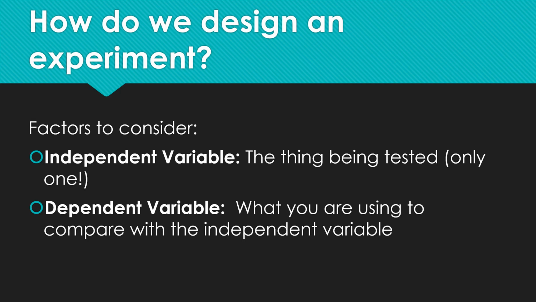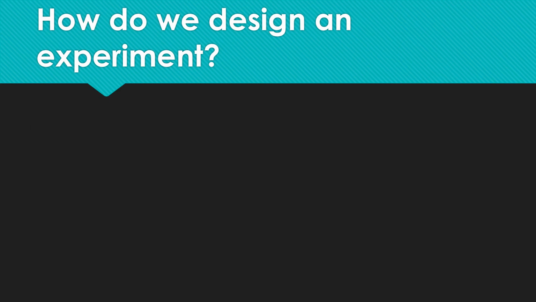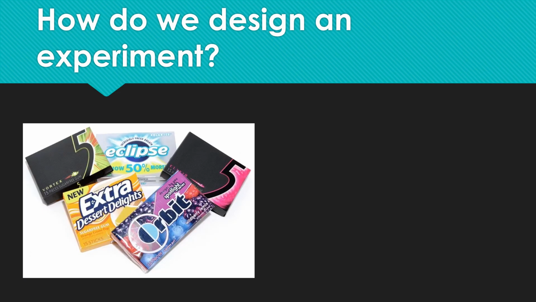For example, if I wanted to have an experiment with different brands of gum and figure out which one had the longest lasting flavor, I would need to come up with an independent variable, and that could be flavor. I'm trying to test which one has a longer lasting flavor.